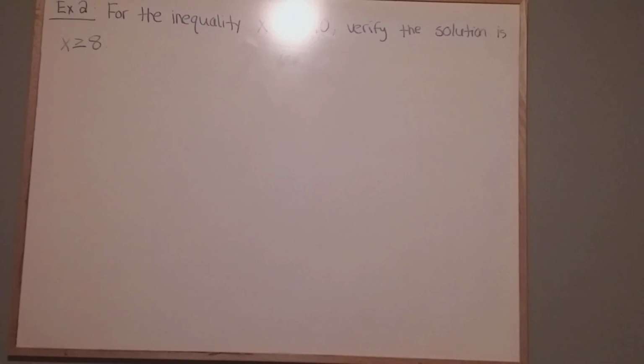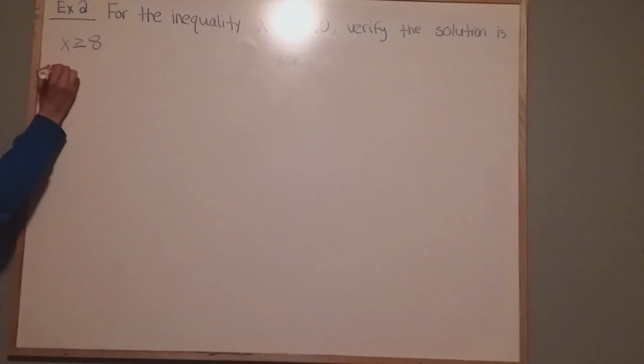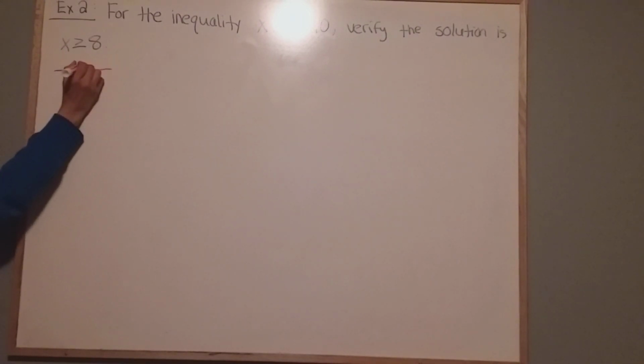So when you get something like this, you want to find test points. What do I mean by that? When you get this as your solution, you have a range of numbers. If I were to draw my number line, that's my 8. And x has to be greater than or equal to 8.